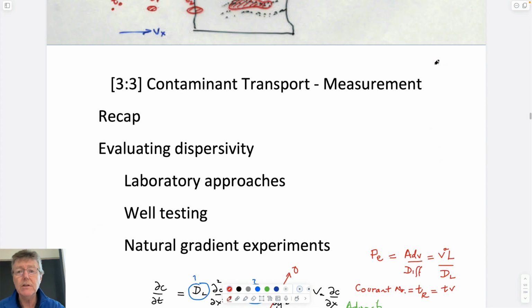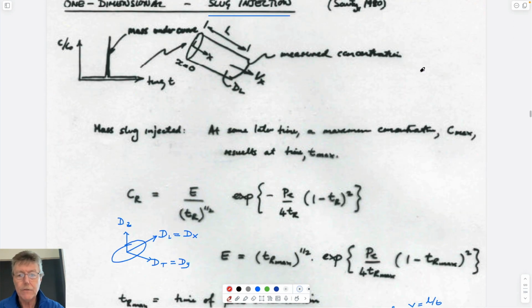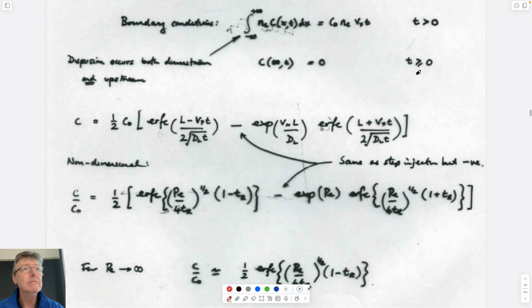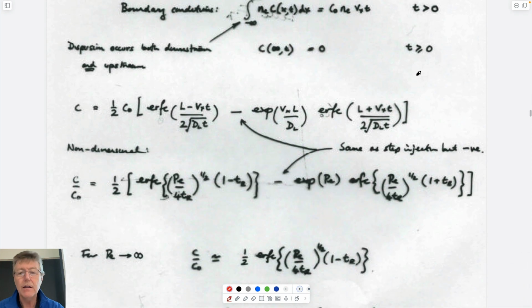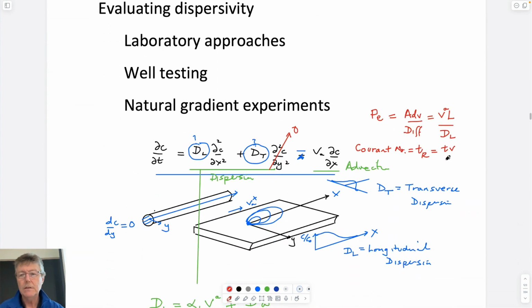Well, I should look to see what it is. No, I should get it right. Or someone can remind me what it is. Sorry? It's T times V over L. T times V over L. Okay. T times V over L, I'll call it L to be consistent.